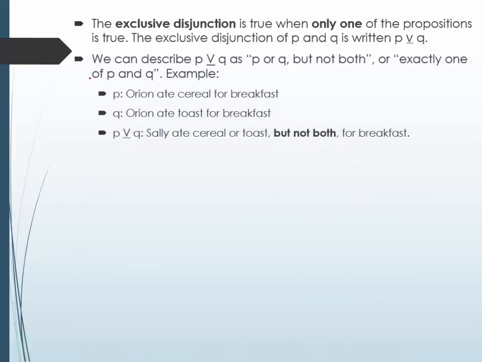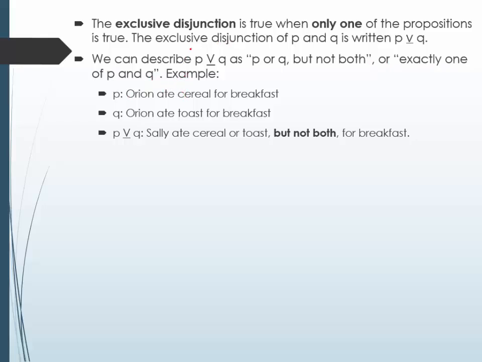So, for instance, we can describe it as P or Q, but not both. Okay? So, or exactly one of P and Q. Only one of those is true.